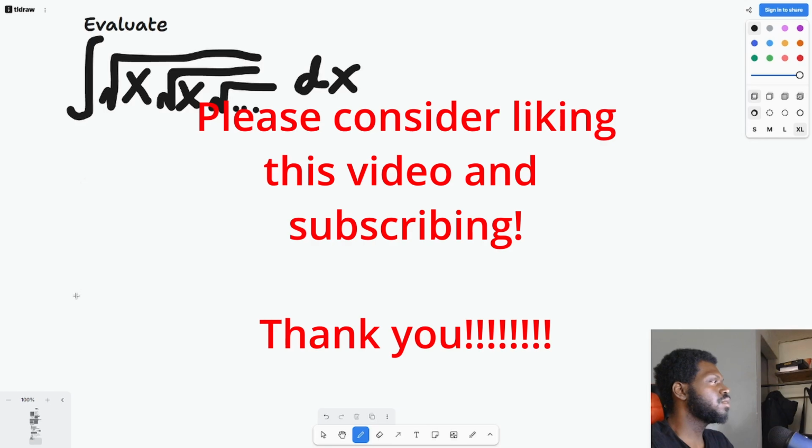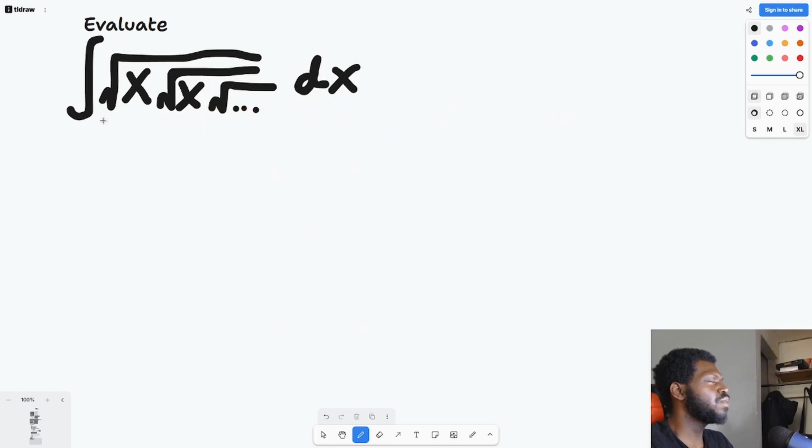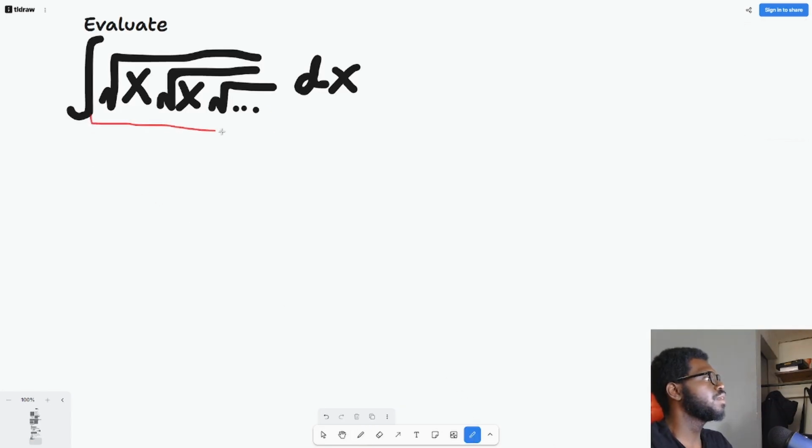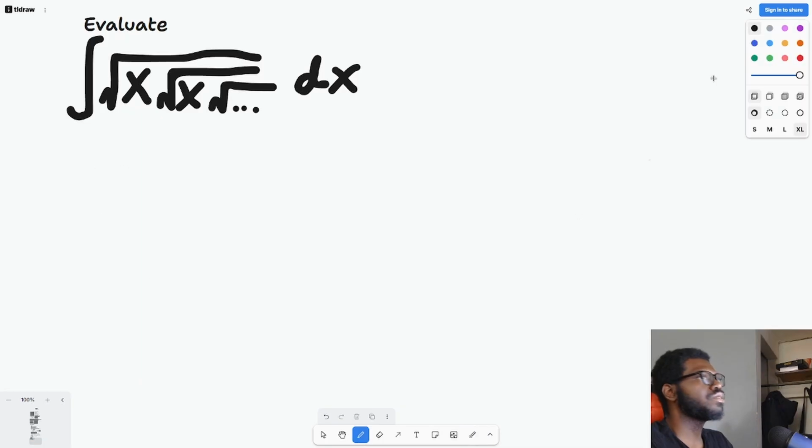The first thing we need to figure out is how we can rewrite this expression and make it simpler. We're going to use a little trick. I'm going to say that y is equal to the square root of x of the square root of x, continuing.